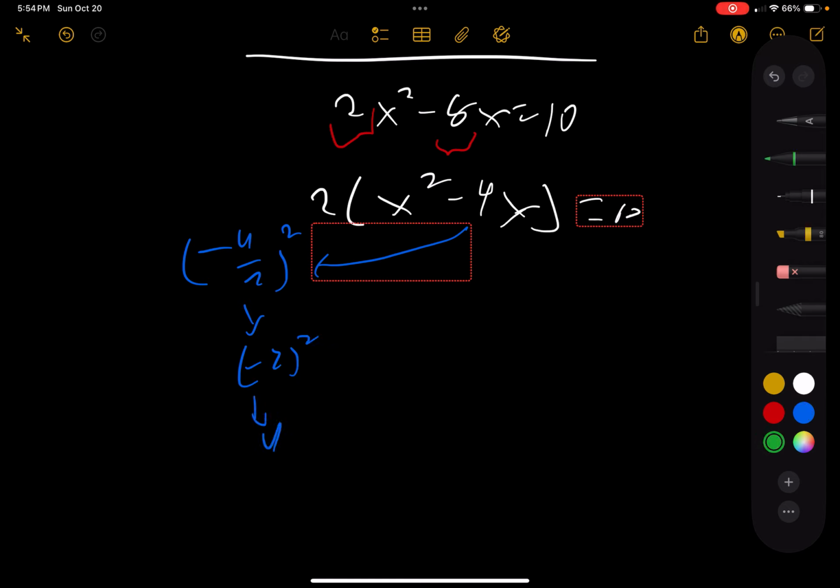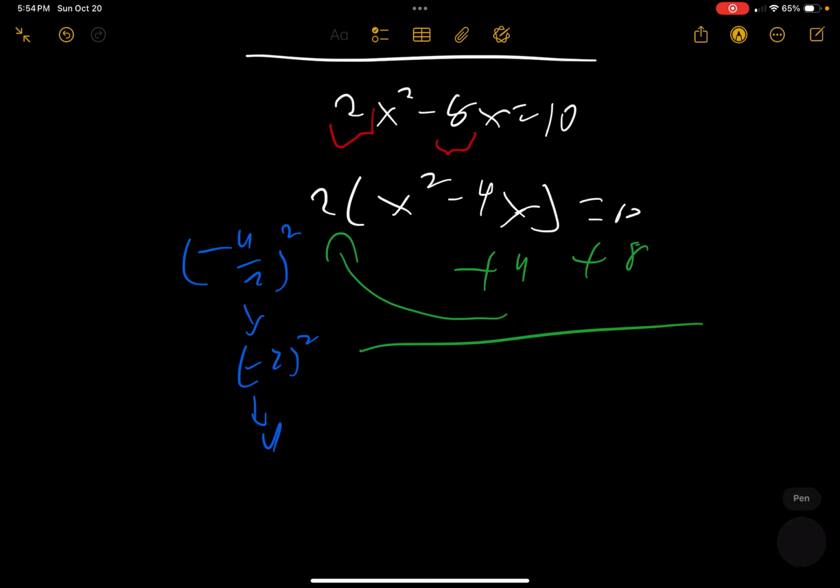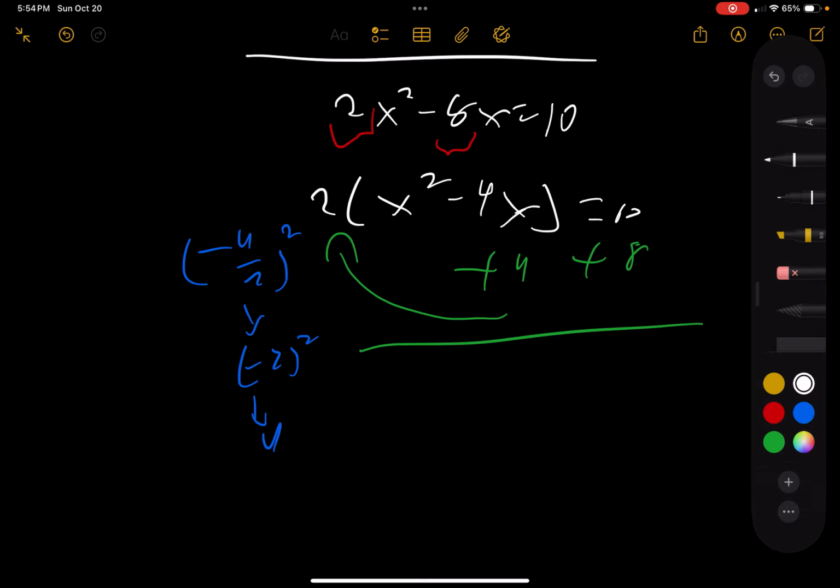So we add 4 to this side. But on the other side, you add 4 times the 2 outside. That's what's confusing. So what you're really adding is 8, which is 2 times 4.